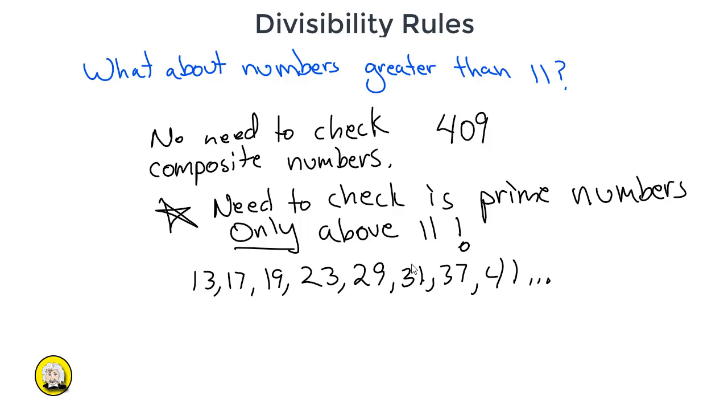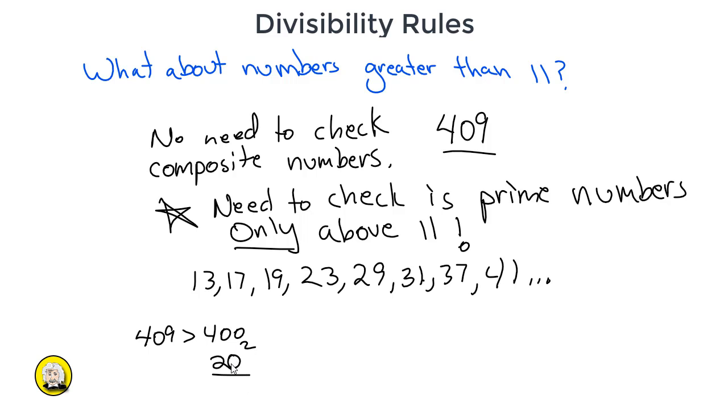So how high do I have to go? You might be curious at this point. And the answer is you don't need to go any higher than the integer below the square root of the number in question, in this case 409. So I know 409 is greater than 400, and I know 400 is a perfect square. It's 20 squared, so that is an integer.